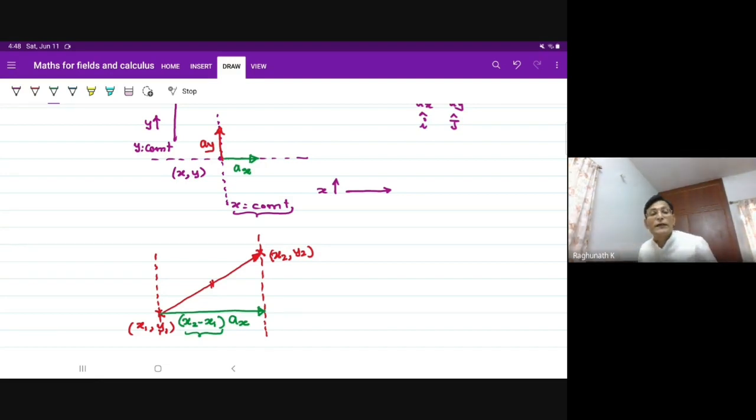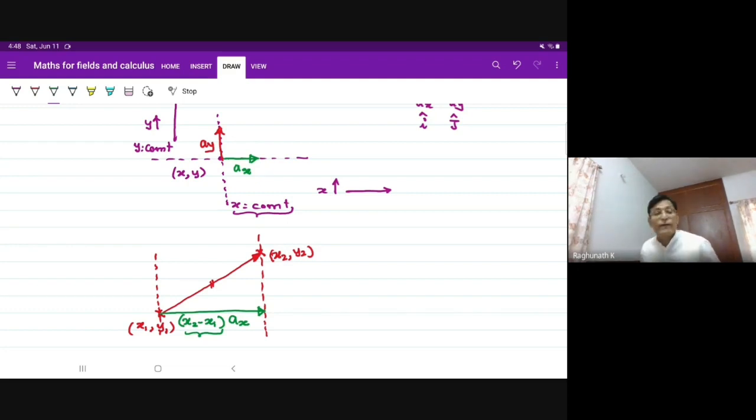Minus ax into x1 minus x2, which is positive. Minus ax is the unit vector for me. Mod of x1 minus x2 is its magnitude. If x2 minus x1 is positive, the mod is x2 minus x1 only. If it is negative, the mod is x1 minus x2, minus of x2 minus x1 is its modulus.